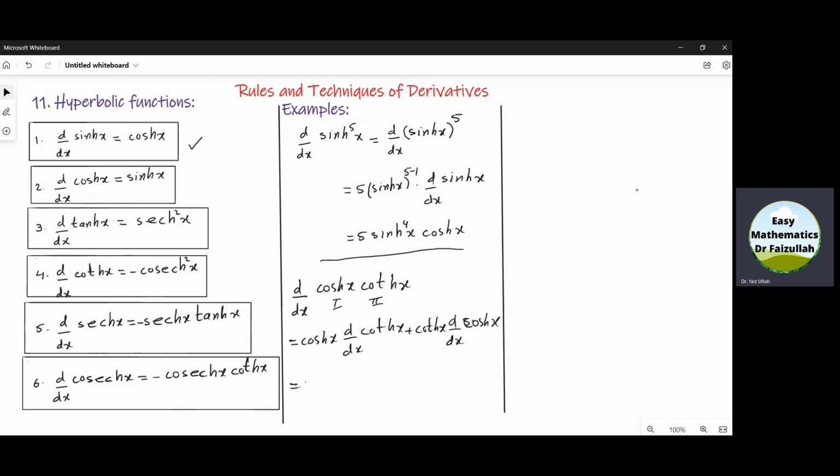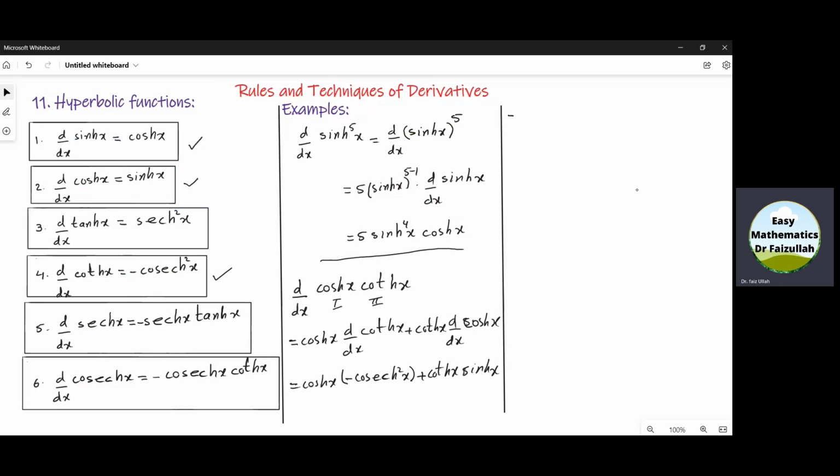And from this we get cos hyperbolic x, and differentiation of cotangent hyperbolic x, we can see this is minus cosecant hyperbolic square. So we write minus cosecant hyperbolic square x, then plus cotangent hyperbolic x, and differentiation of cos hyperbolic x, we can see it from formula number 2, which is sine hyperbolic x.